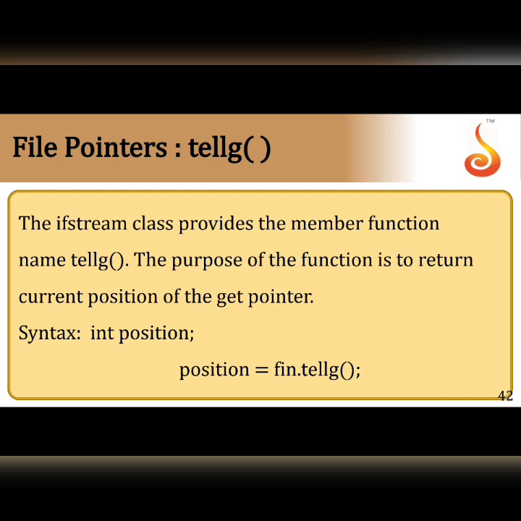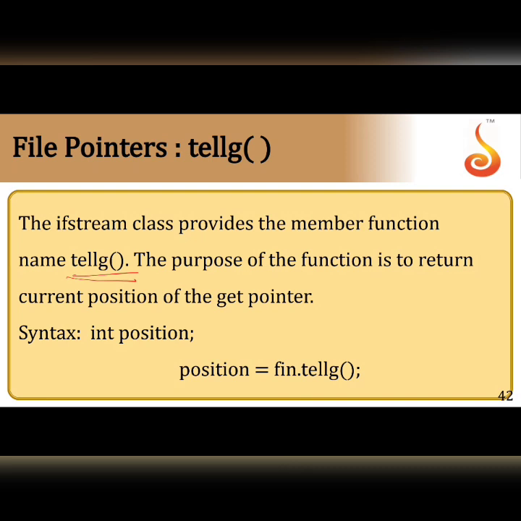Next, you want to know the position. Where is it? We did seekg and seekp to move the file pointers, that is the get and the put pointers. But to know the current location of the get or the put pointer, you can use tellg and tellp. These are the functions which will give you an integer value, the place where it is.